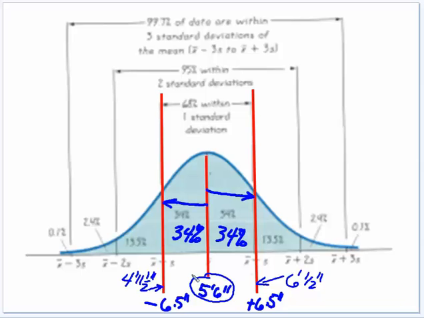Minus 6.5 inches means we'd get to just under 5 feet. And what that means is that 34% of our population fits in here. 34% of our population fits here. That's 68% of our population.